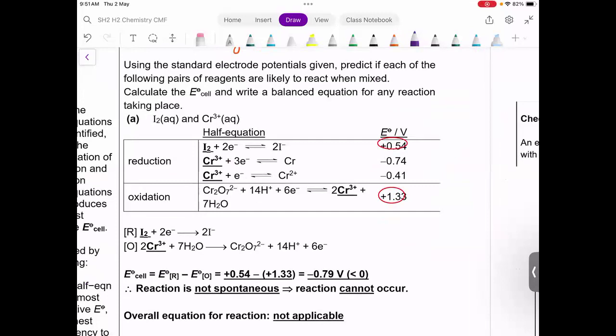Notice that the half cell term is not in this question anymore. What you are working with is just one element in one oxidation number. Iodine, 0, nothing else. Chromium, 3+, nothing else. These are not half cells. And if we are not working with half cell, how is it going to affect your thinking process? I need you to appreciate that.